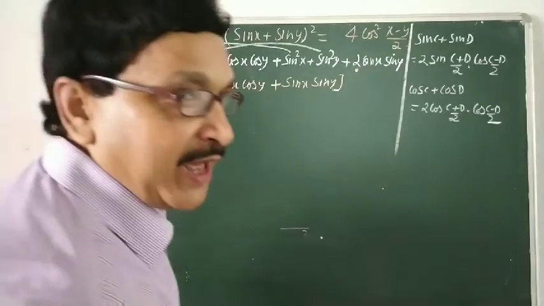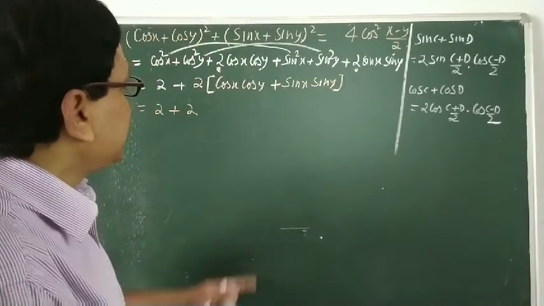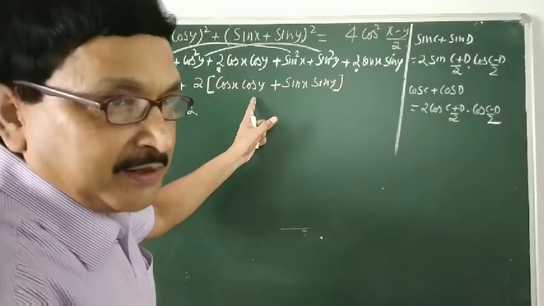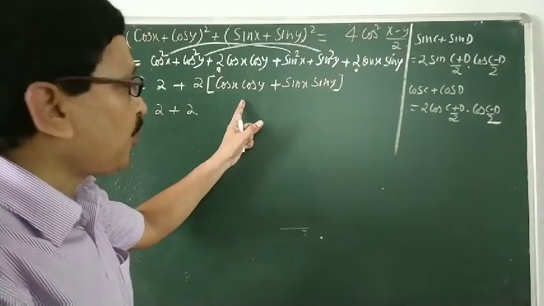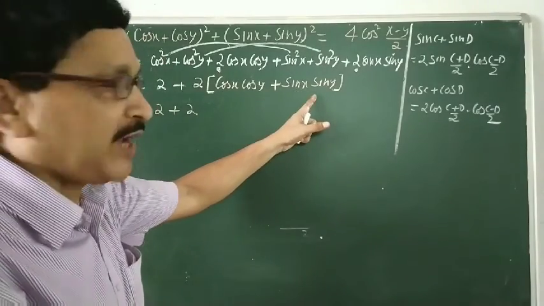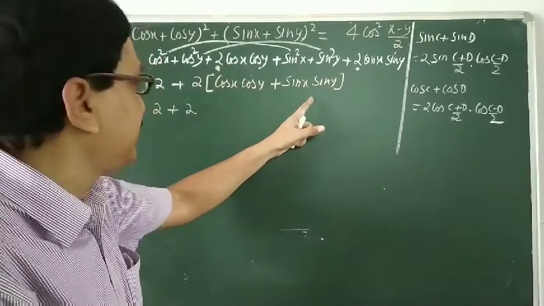There is a famous formula you may know from class 10. In class 10, cos A into cos B plus sin A into sin B is supposed to be verified.